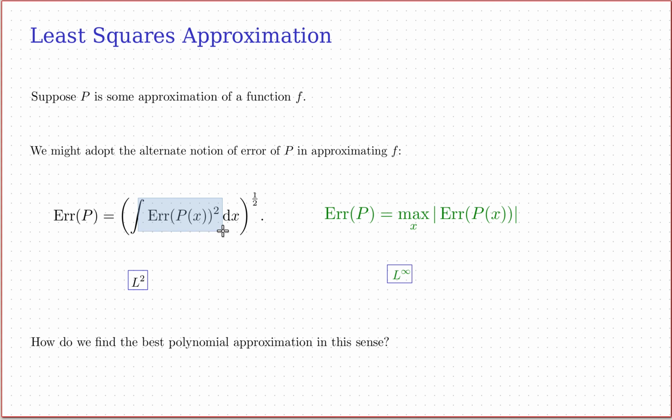A more profound reason for using the square of the error is that when you use squares to measure the distance between things, like in this case the distance between the approximation p and the original function f, then you can use the Pythagorean theorem, right? Believe it or not, yes, we will be able to use the Pythagorean theorem and use geometric reasoning.